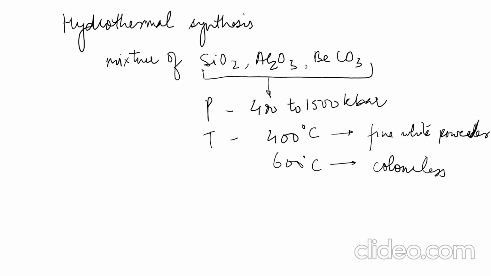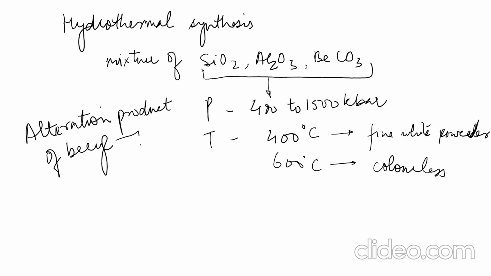This is how it has been studied. The most common alteration product of beryl is kaolinite along with small amount of muscovite.